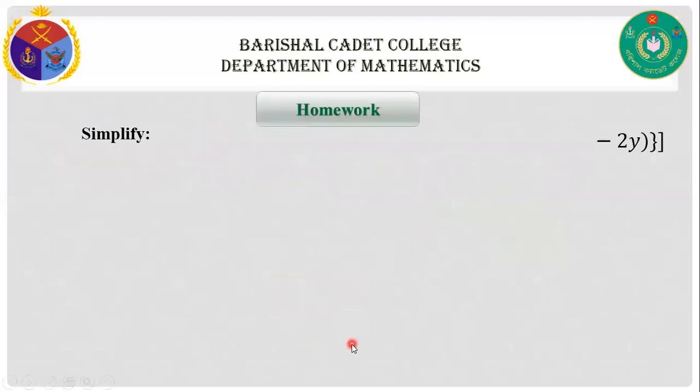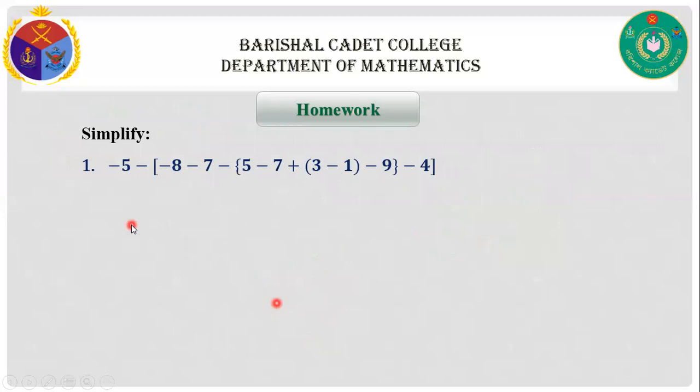Your homework is here. Simplify minus 5 minus {minus 8 minus 7 minus [5 minus 7 plus 3(3 minus 1)] minus 9 [minus 4]}. Simplify this. And number 2, simplify minus a plus {minus 5b minus 4a plus [5a minus 7b minus (3b minus 2b)]}.